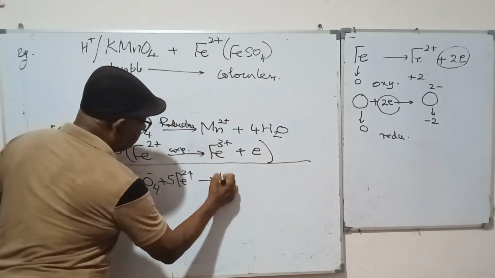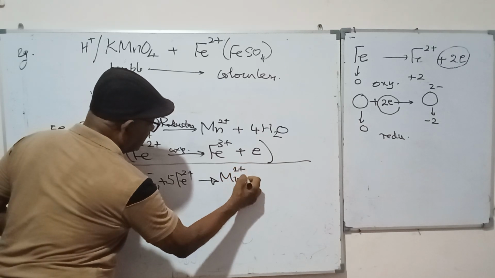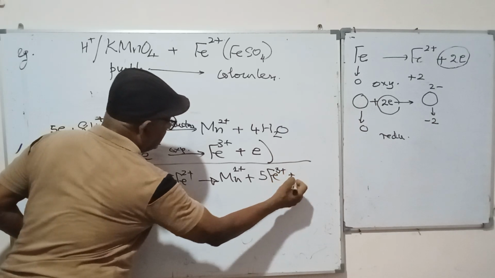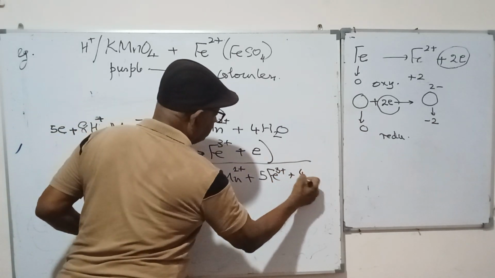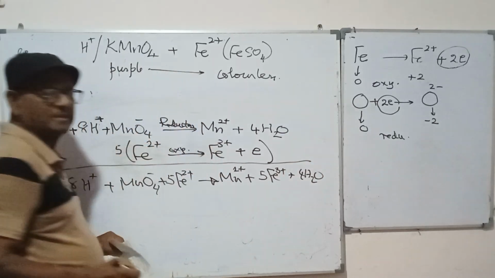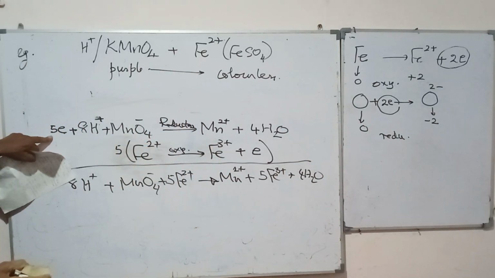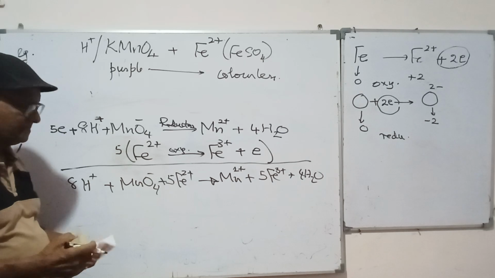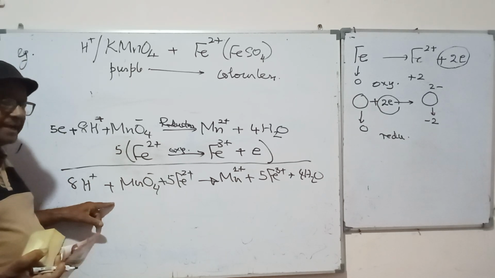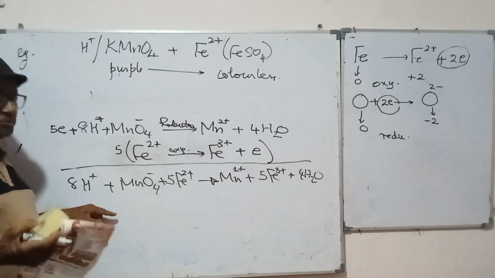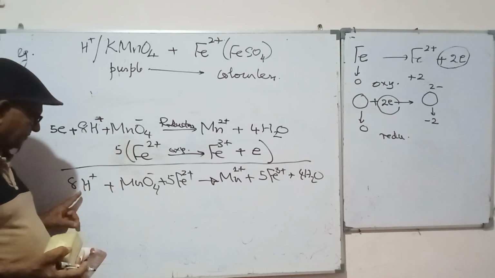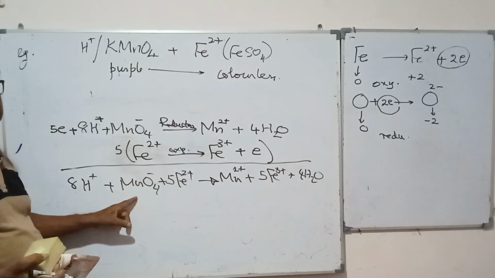As the products, Mn2 plus, 5Fe3 plus, and water. This is the balanced reduction reaction, this is the balanced oxidation reaction, and this is the balanced ionic equation. To do the problem, we must obtain that final balanced ionic equation.